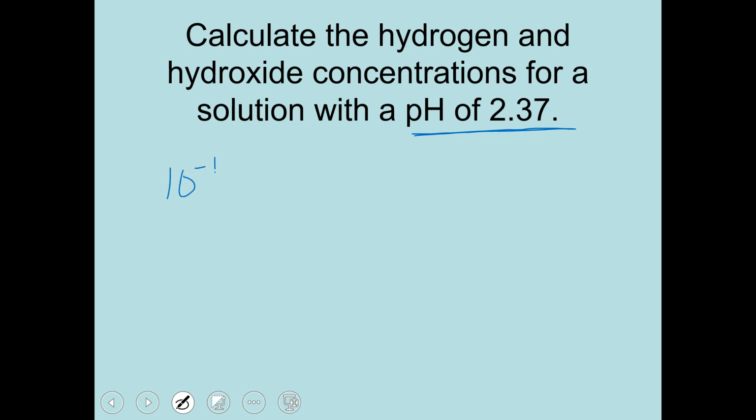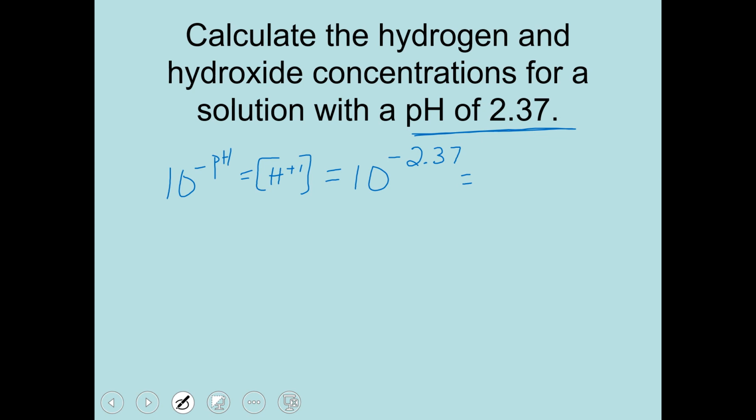Remember that 10 to the negative pH will give me the hydrogen ions. So to get the hydrogen ions, I go 10 to the negative 2.37. You want to do that on your calculator. Make sure you know how to use your particular calculator.